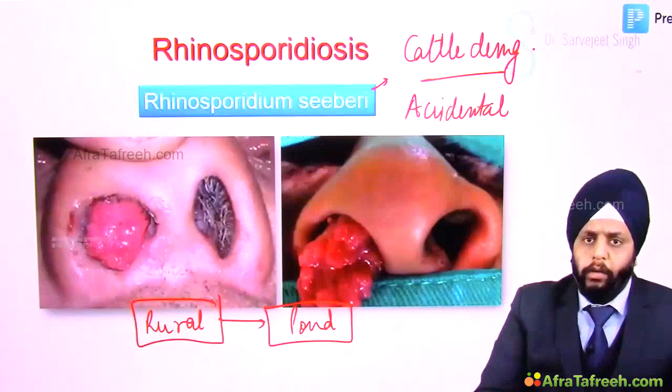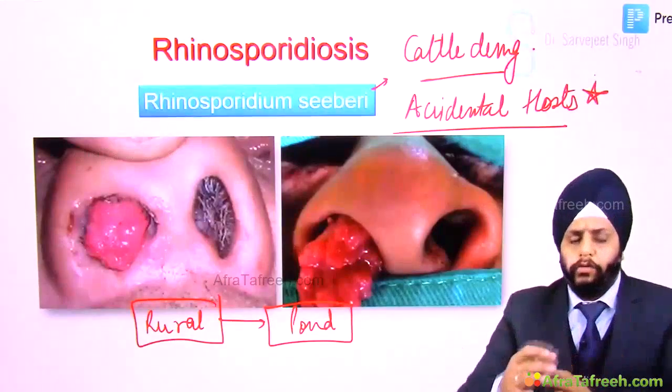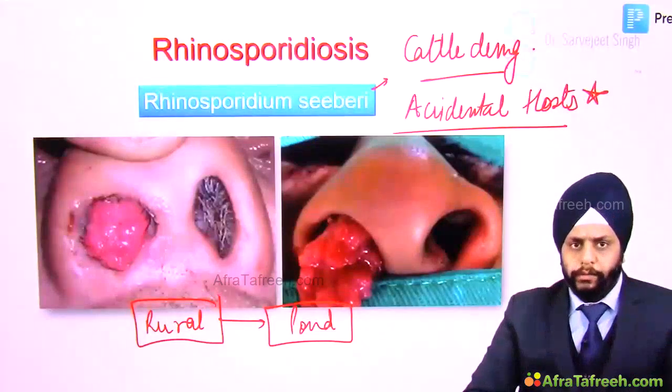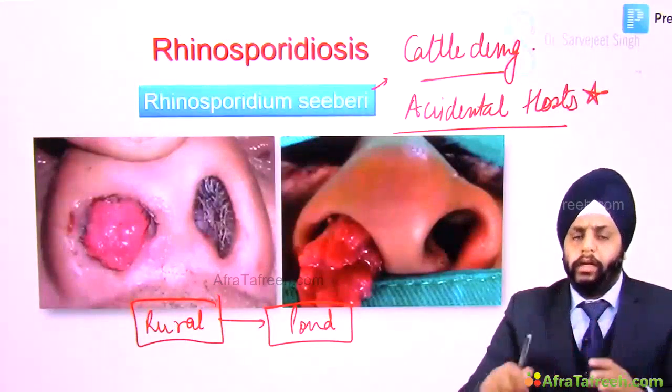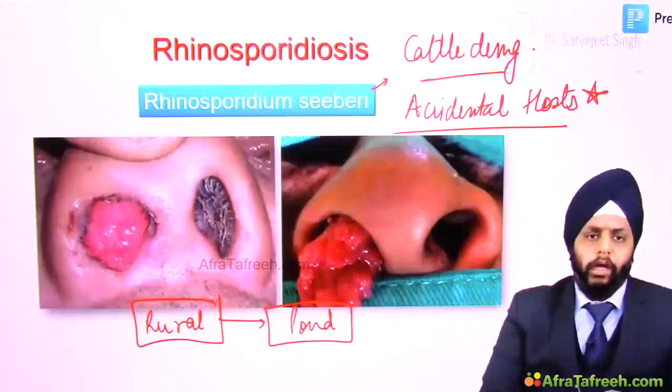So what are we? We are accidental hosts. We are not the primary or the secondary or the tertiary host. We do not come in the life cycle of rhinosporidiosis. Okay, we are accidental hosts. Right? Okay. How will it present?